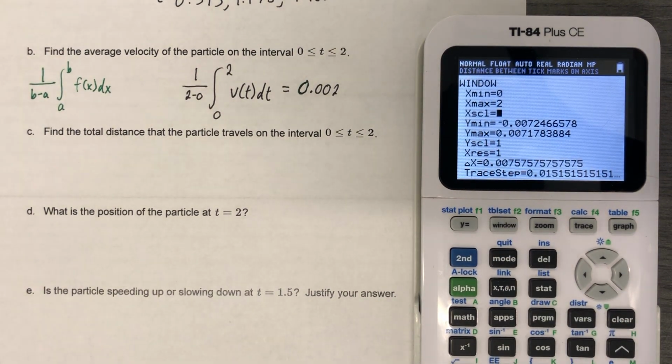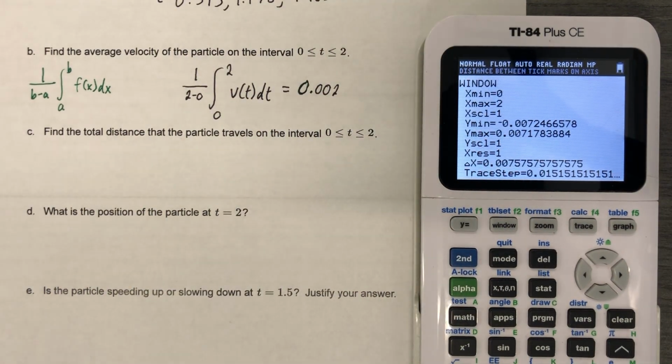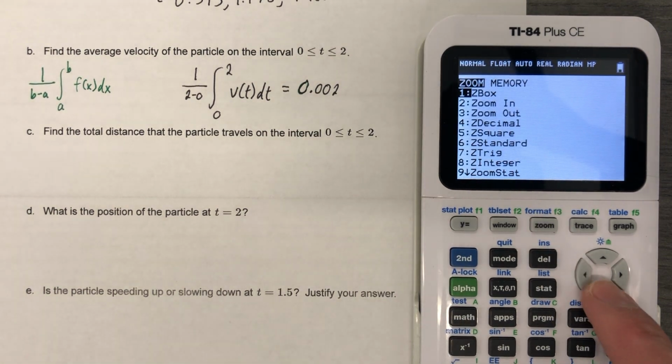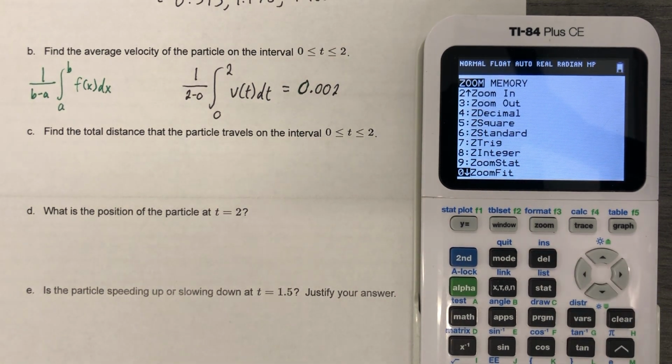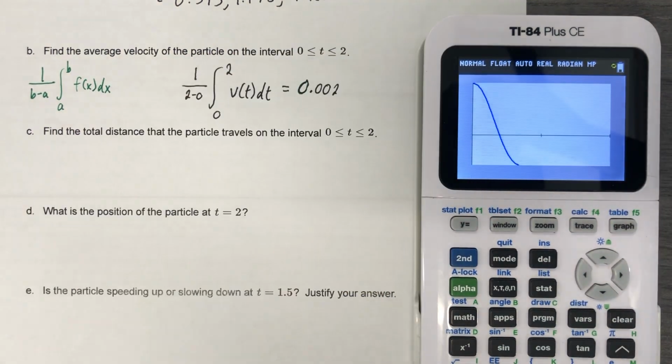My last window was that zoom box where we pinched it over in the corner and stretched it out. So we are going to readjust this from 0 to 2, and again, I'm going to go zoom, and option 0, don't scroll, just press a 0, but I just wanted to show it to you. And it takes it a minute because it has to calculate what's the highest, what's the lowest, so it'll know how to do its y interval.